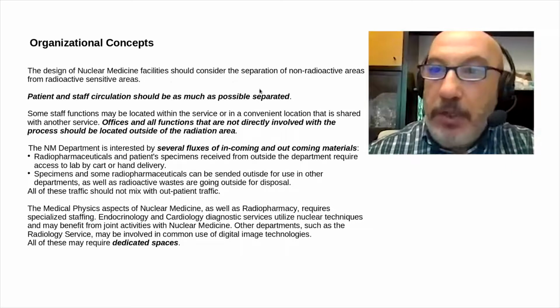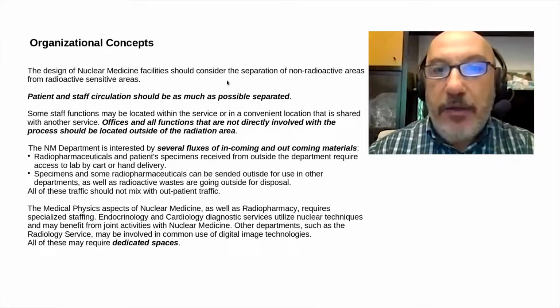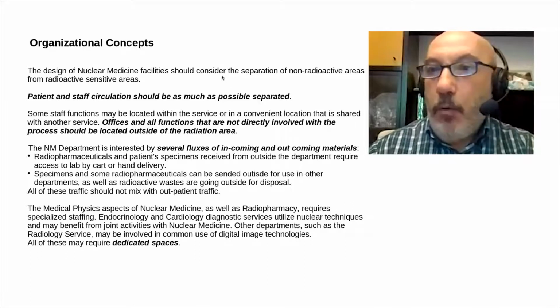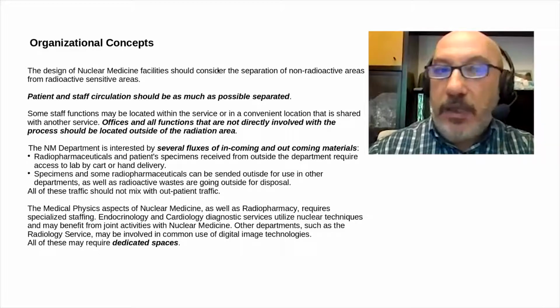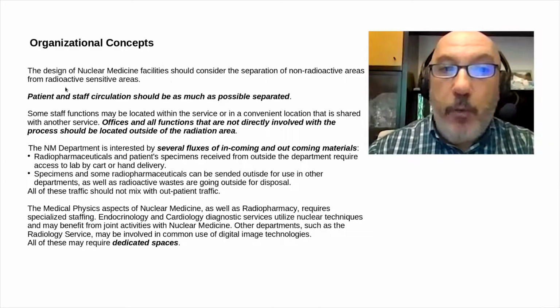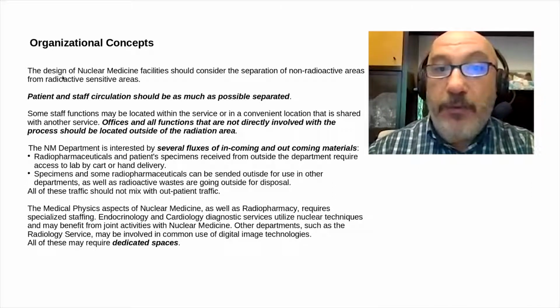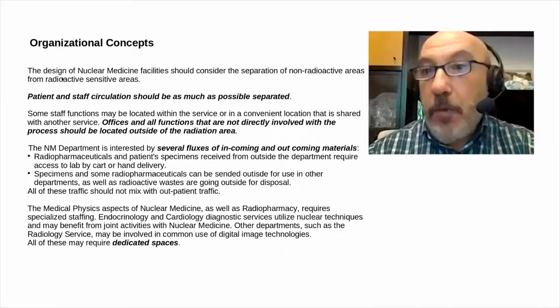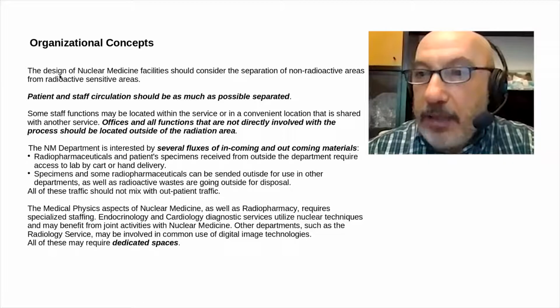One of the key points in the design of a nuclear medicine department is to try to organize well, possibly in an optimized way, all the different fluxes that cross the department. First of all, we have the fluxes of patients and staff. We have to remember that the patient, during most of his permanence in nuclear medicine, is a walking radioactive source.